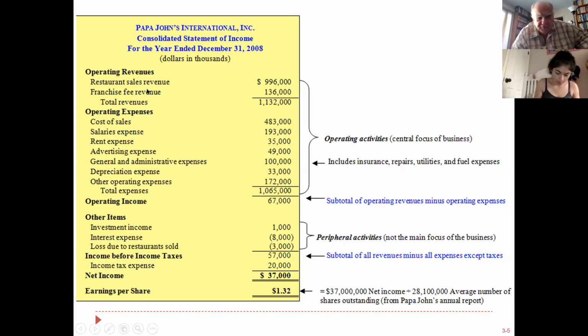Papa John's has two. Restaurant sales: you go into their store and buy some pizza or they deliver it. And the franchise fees: if you want to become a Papa John's franchisee, you've got to pay for that. So here we go. We have revenues, and they're calling them operating revenues for a reason.